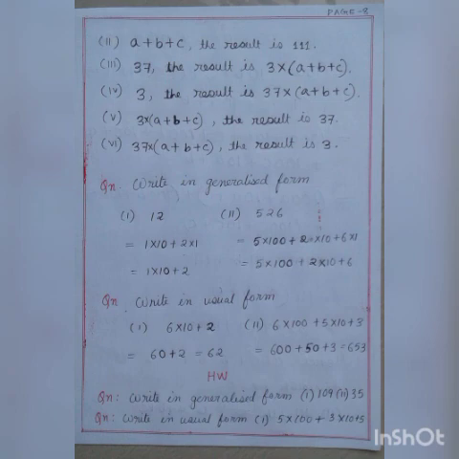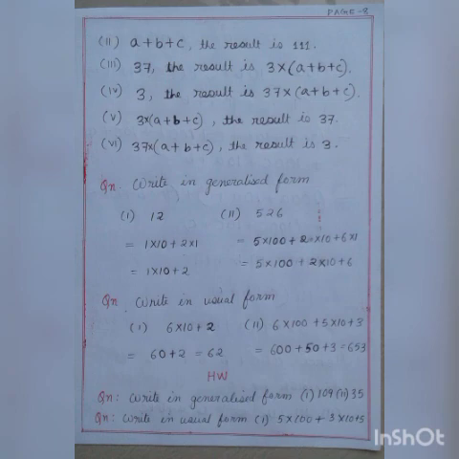Number 2, ABC plus BCA plus CAB is divisible by A plus B plus C, and the result after division we get is 111. Number 3, ABC plus BCA plus CAB is divisible by 37. The result is 3 into (A plus B plus C).